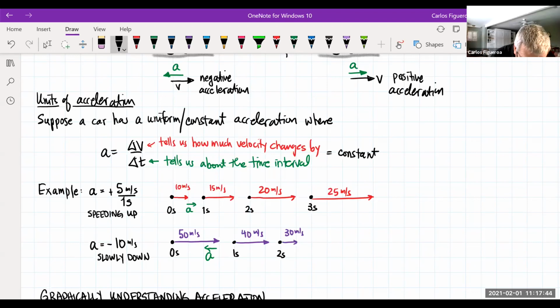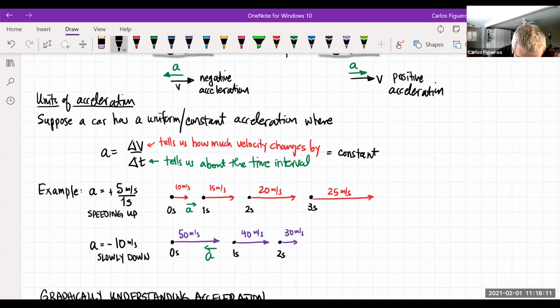That delta V tells us by how much the velocity has changed, and delta T tells us about the time interval in which the velocity changed. If the velocity changes by 5 meters per second every 1 second, then that 5 meters per second tells me how much the speed changes every 1 second.